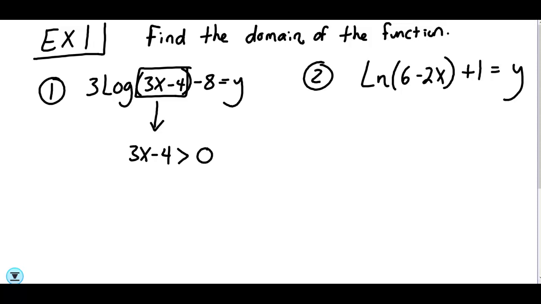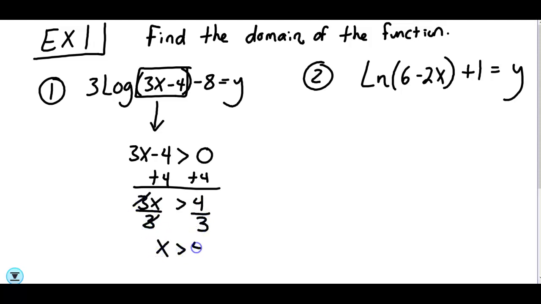Now I want to solve for x to figure out what x would be allowed to be. So we add 4 on both sides and divide. Just basic algebra there. And there's my domain.